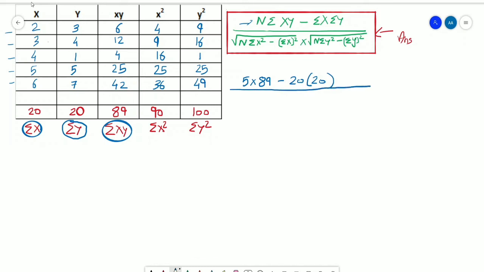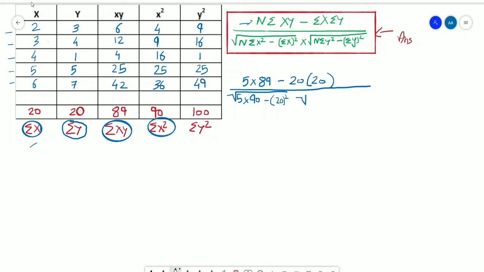Next we will put up the values of the denominator, square root, and n means 5 multiplied by summation of x square. Summation of x square is 90. So 5 multiplied by 90 minus summation of x, whole square, which is 20 square.